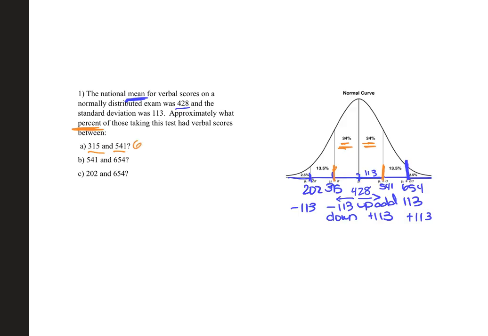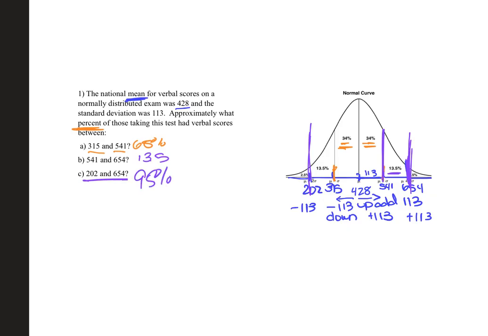So that's 68%. Excuse me, between 541 and 654, in between there is only 13.5. And between 202 and 654, 202 is right here, and 654 is here, so that's the 95%.